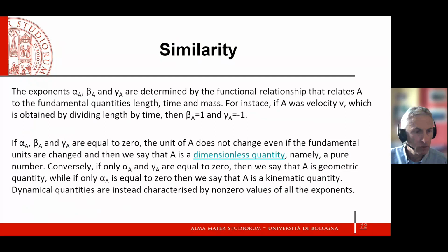If only alpha A is equal to 0, like for the case of velocity, we say that the quantity is a kinematic quantity, and dynamical quantities are instead characterized by non-zero values of all the three exponents. I hope it's clear. In practice, it's very simple, and I hope it's clear also in theory, let's say.